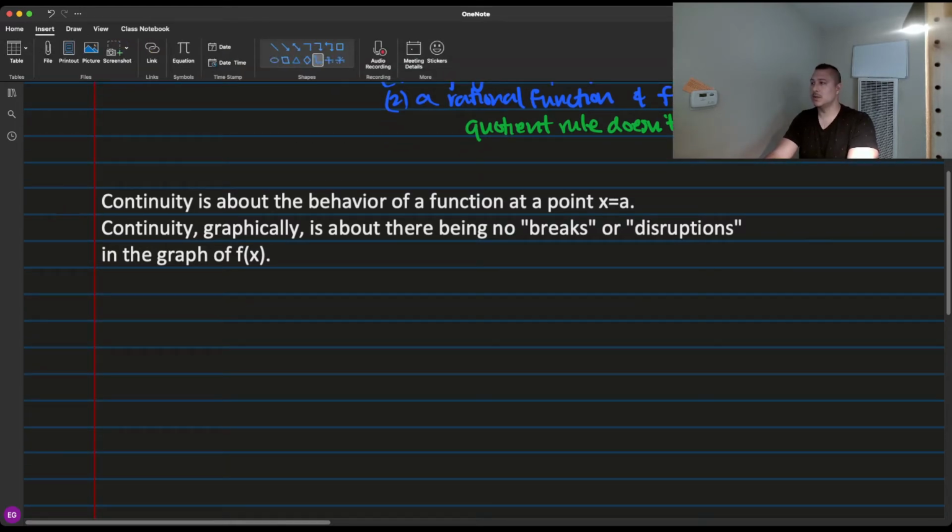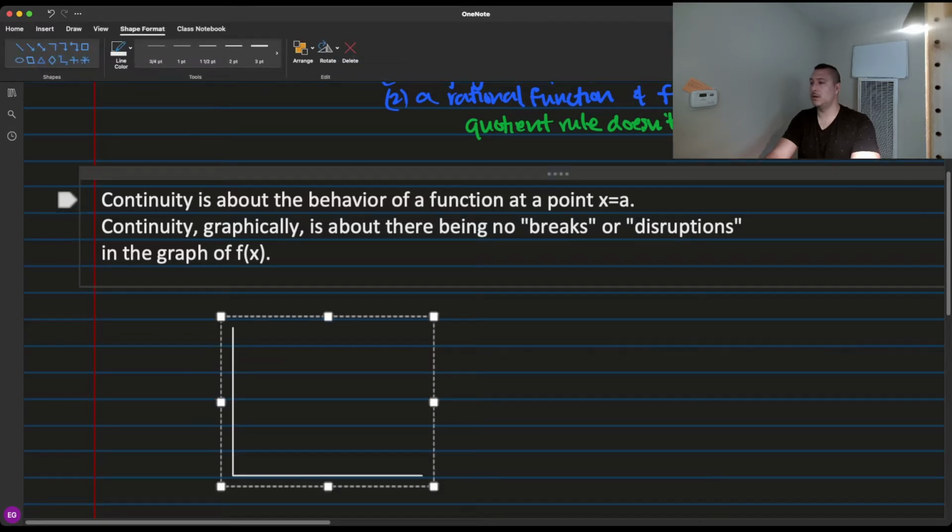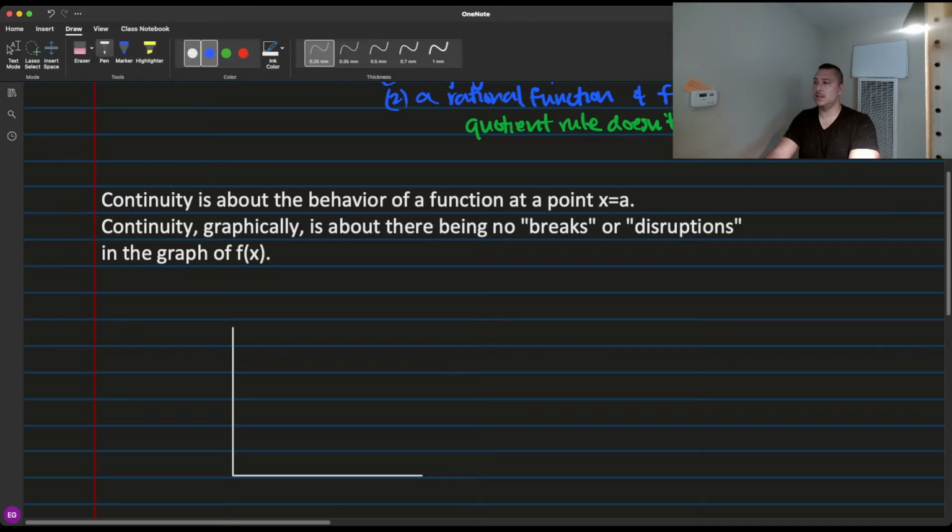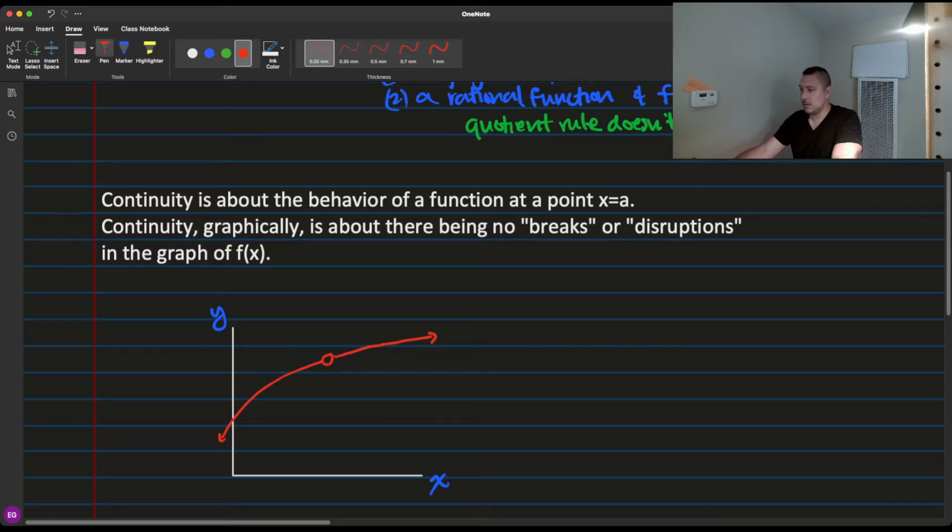So let's insert our axes. This is x, this is y, and let's say your function looks like this. And this is your x equals a.